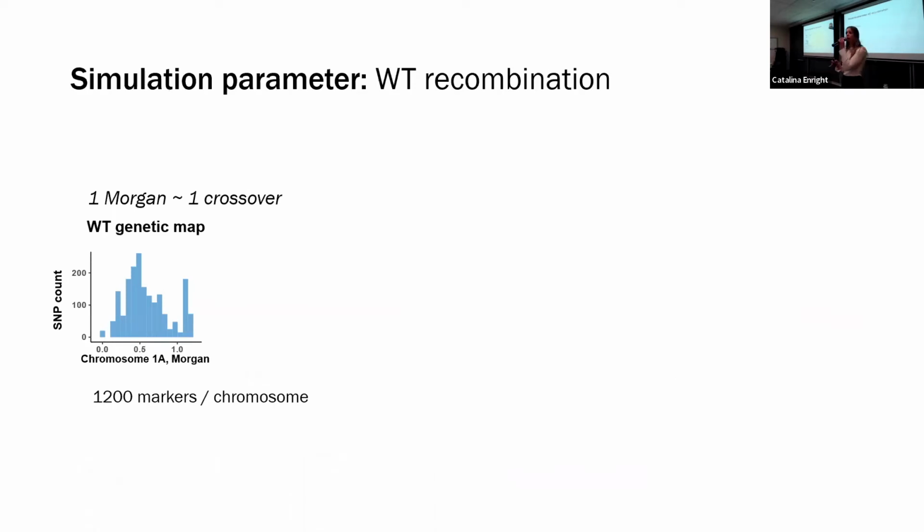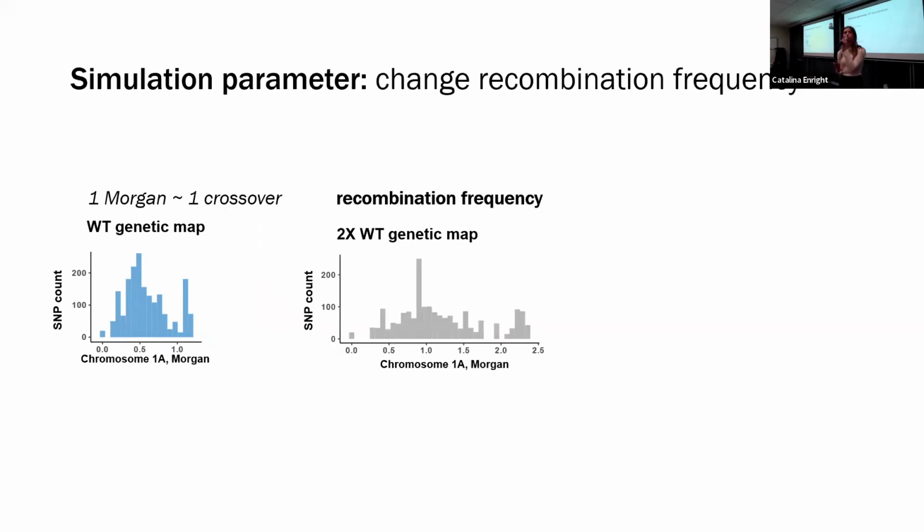Starting with just wild type recombination, here's a histogram of the first chromosome of wheat as an example for the SNP count along that chromosome. We worked with about 1,200 markers per chromosome, and 1 Morgan, that's about 1 crossover on these, as we used only the genetic map for these simulations.